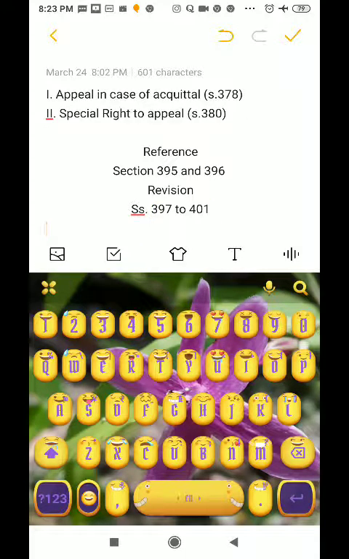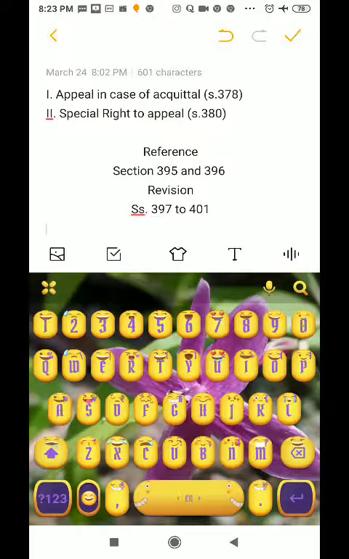There are 3 sources of the revisional jurisdiction acquired by the higher court. Number 1, sections 397 to 401 of the CRPC. Number 2, article 227 of the Constitution of India. And number 3, the power to issue the writ of certiorari.